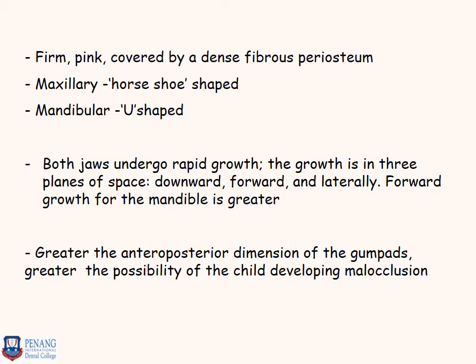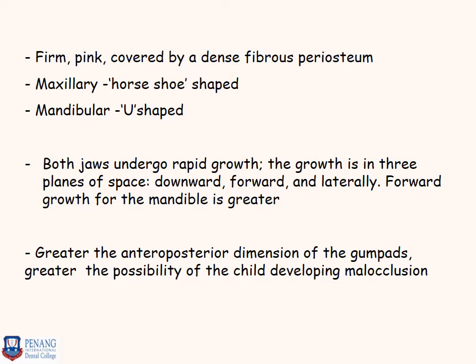In this stage, we see a firm, pink colored and dense fibrous periosteum. The maxillary gum pad is horseshoe shaped, while the mandibular is U shaped, and both these jaws undergo rapid growth.